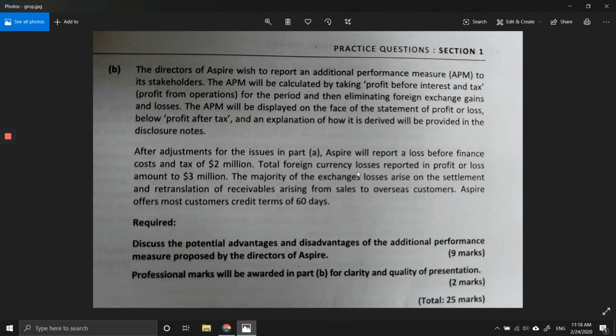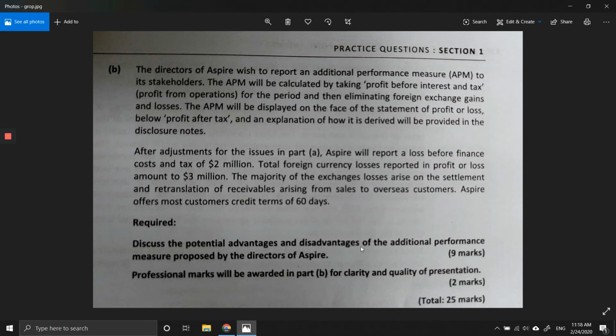Total foreign currency losses reported in profit or loss amount to $3 million. The majority of the exchange loss arises in settlement and retranslation of receivables arising from sales to overseas customers. Aspire offers most customers a credit facility of 60 days.